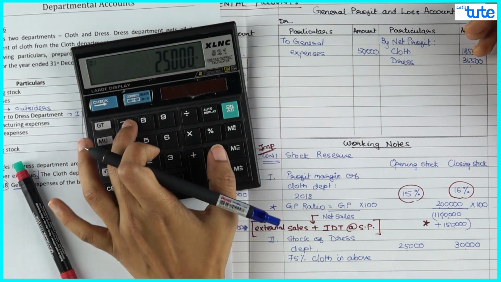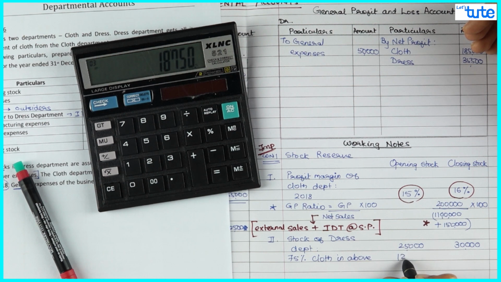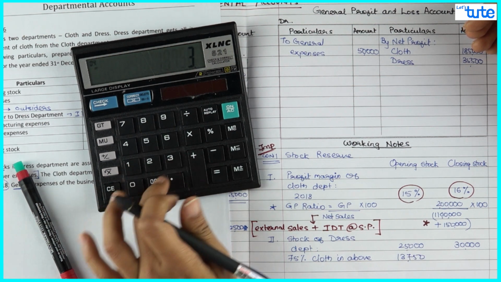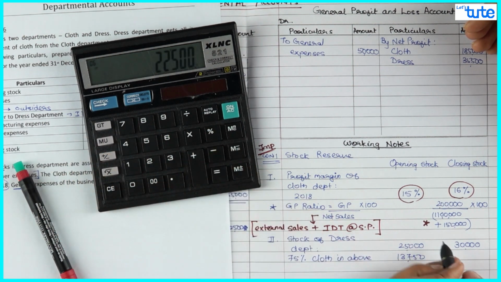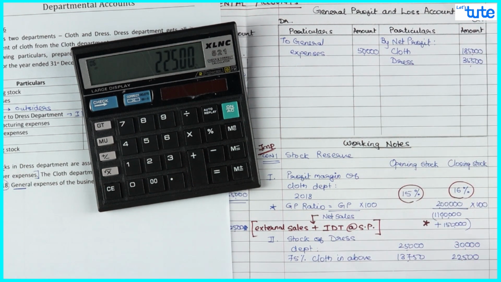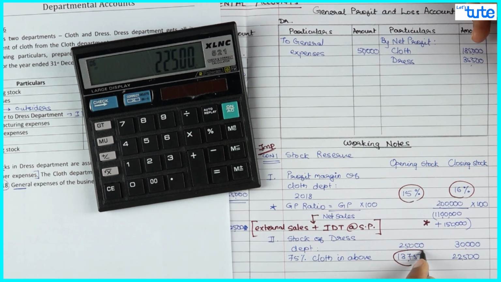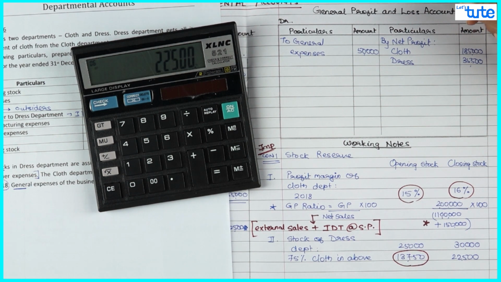So 25,000 into 75%, it is 18,750, and 30,000 into 75%, it is 22,500. So we can say out of the total stock of 25,000, only 18,750 is the cloth, and out of the total stock of 30,000, only 22,500 is the cloth.